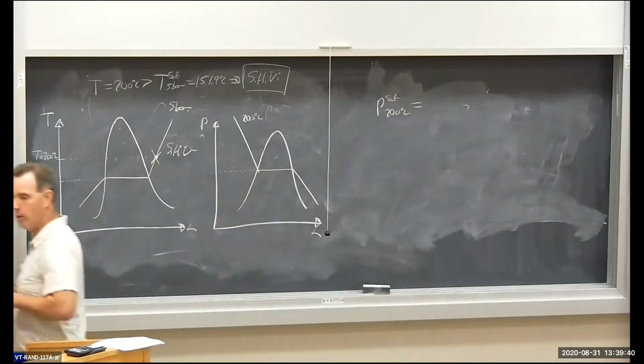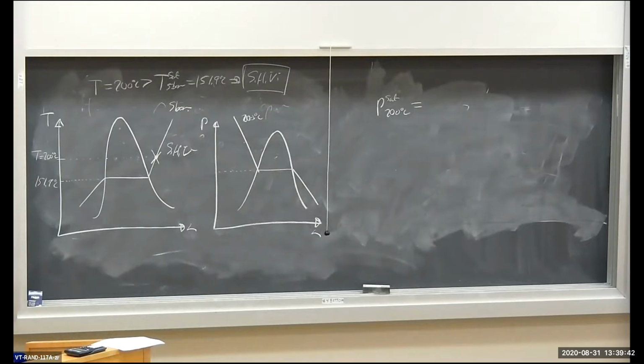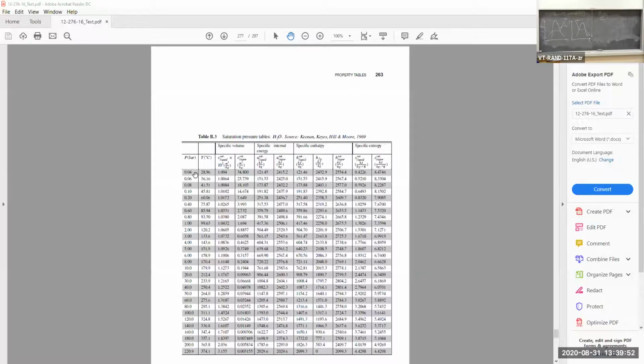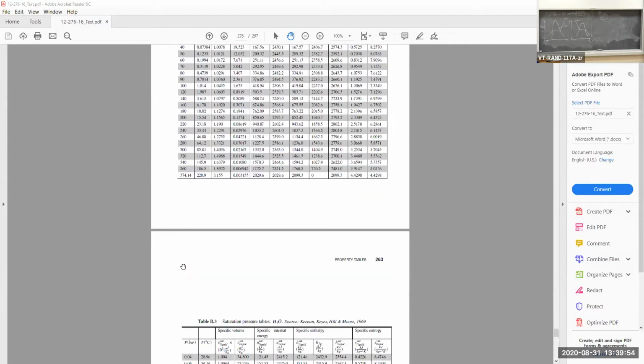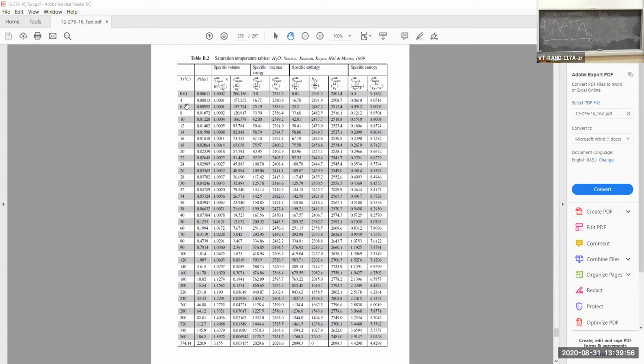Let's go to our saturation tables. Okay, I want temperature here, table B2, saturation temperature table for H2O.